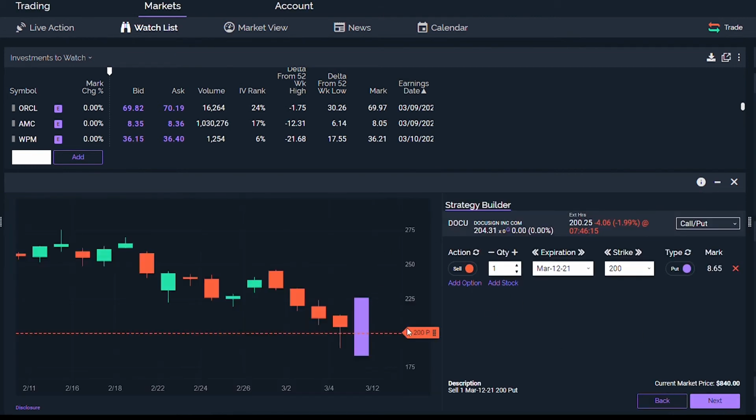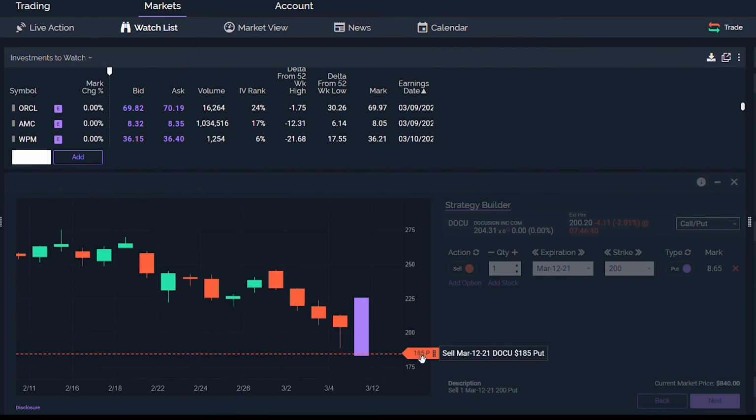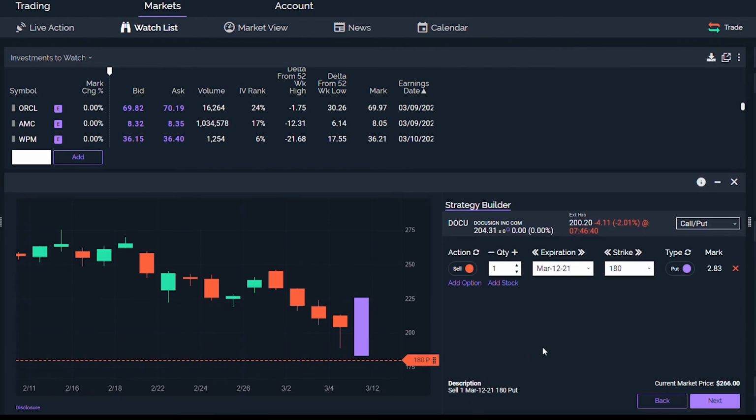So right now DocuSign's trading at 204, and we have about a 10% expected move. So we'd probably want to drop this down to a $180 strike price. That's beyond our expected move.